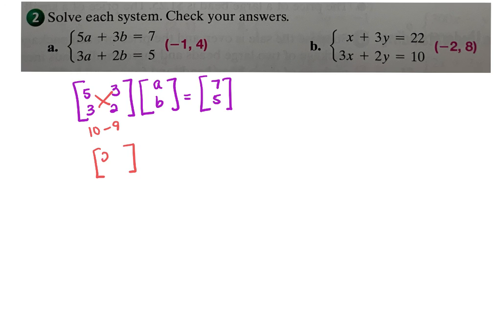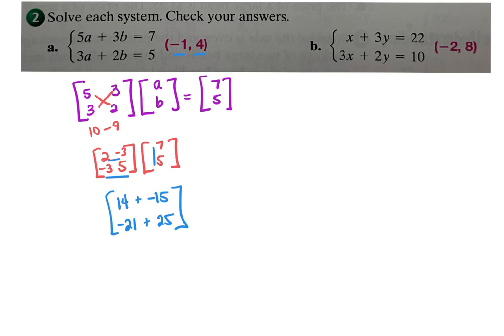So switch your 2 and 5. Negate your 3. Multiply by your constant matrix. Row by column. 2 times 7 is 14. Negative 3 times 5 is negative 15, which is going to give you your negative 1. The negative 3 times 21 is negative 63, plus 5 times 5 is 25, which is going to give you your 4.